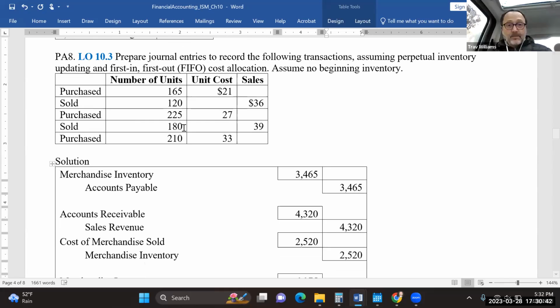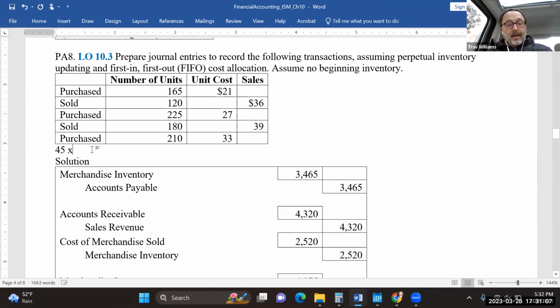Well, remember, we had already sold 120 units out of the first lot. So since we're doing FIFO, we're going to use the rest of the units in that lot. There are 45 units remaining, right? We had 165, we sold 120, so we have 45 units remaining from that first lot at $21 each.